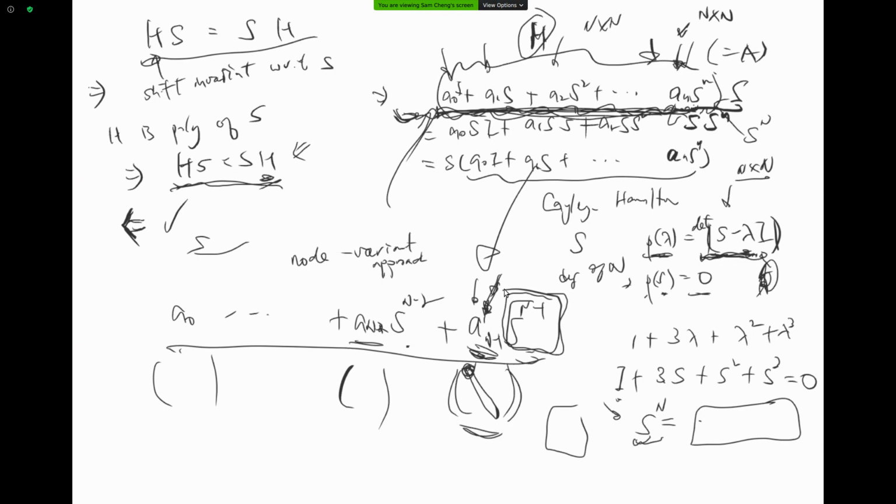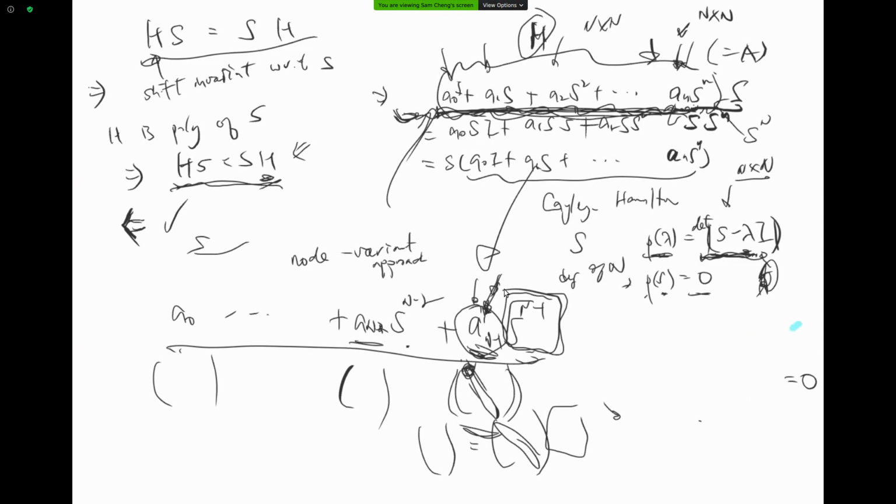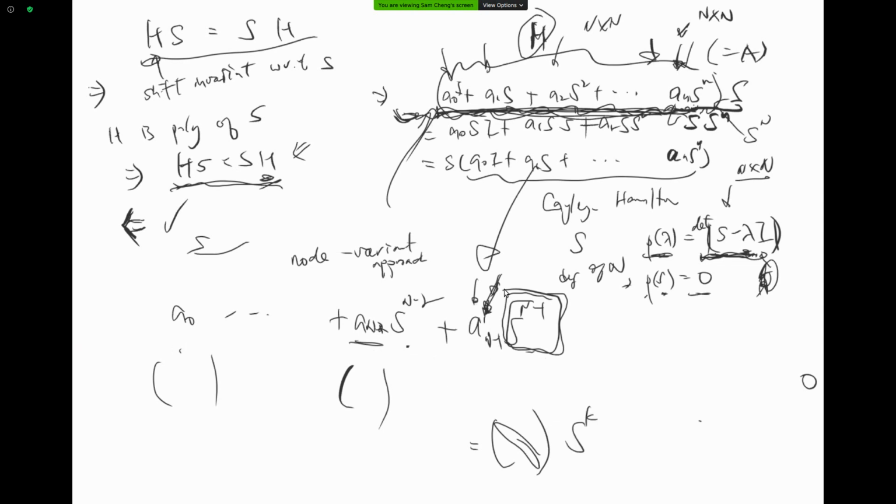But when I don't use a scalar value, but use a diagonal matrix here, then for each of the nodes, let me write it more clearly. I will have, for example, S to the k multiplied by the input x here.